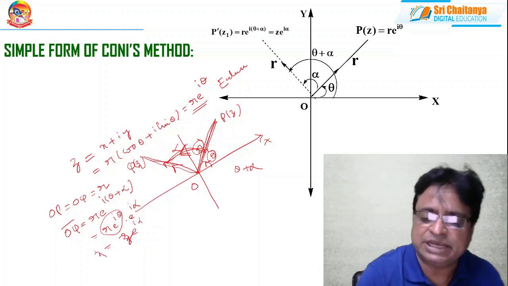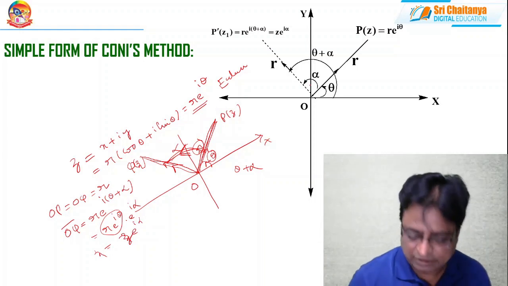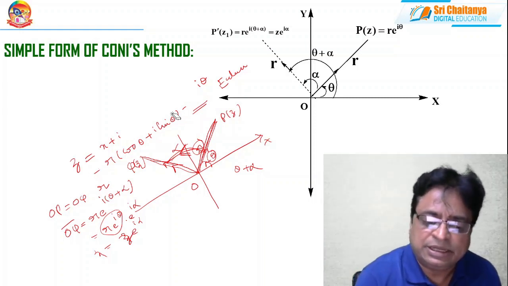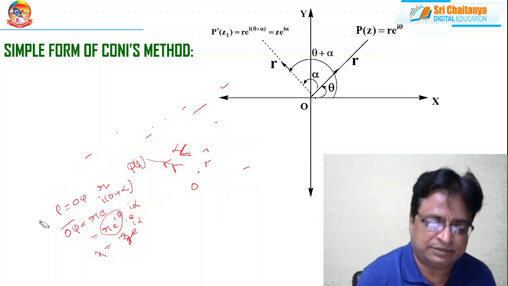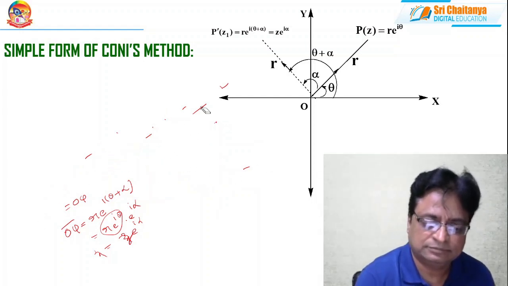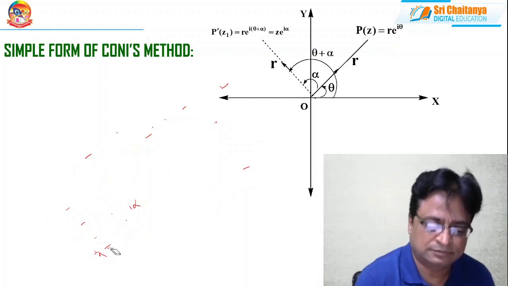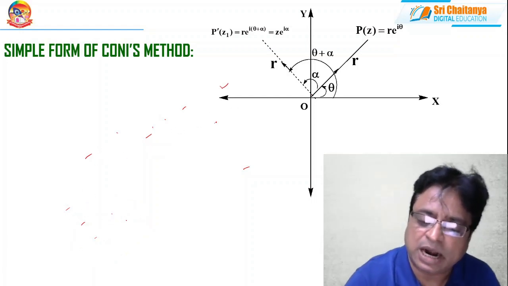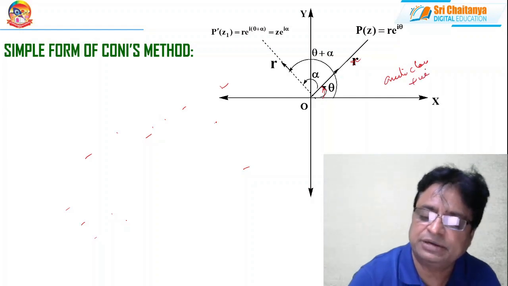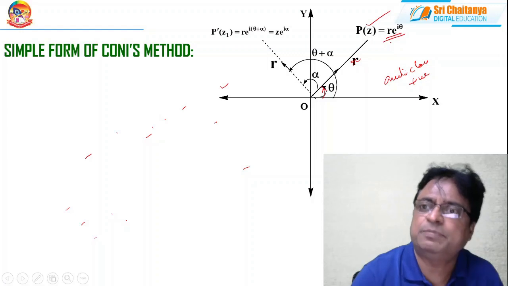So what I am saying in a simple way is, if this is the situation, this is OP bar and the length is r, and this is the angle made by the vector in the anti-clockwise direction. Anti-clockwise is nothing but the positive direction. Then this position vector of z is nothing but r e power i theta.